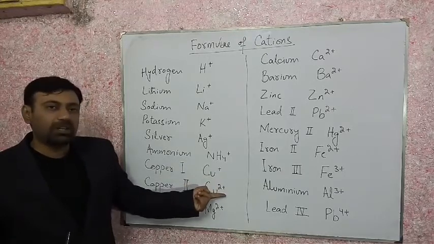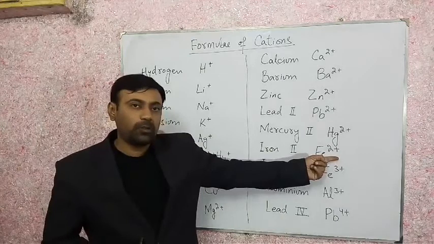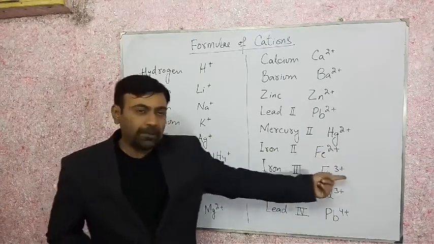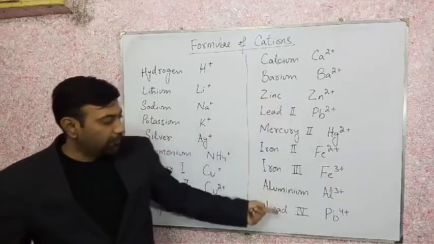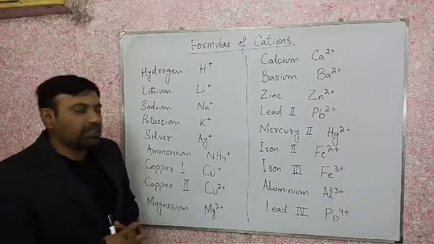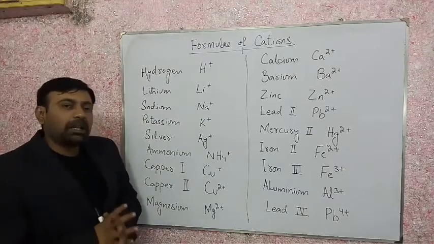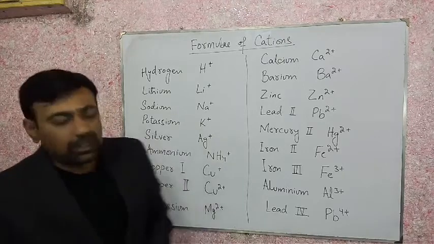If copper(II), the charge is +2. Similarly, iron(II), 2+. Iron(III), 3+. Lead(II), 2+. Lead(IV), 4+. So these charges can be predicted either by their names or by looking at the periodic table.